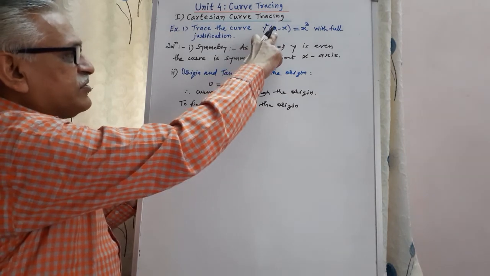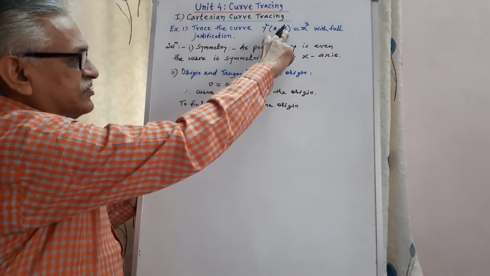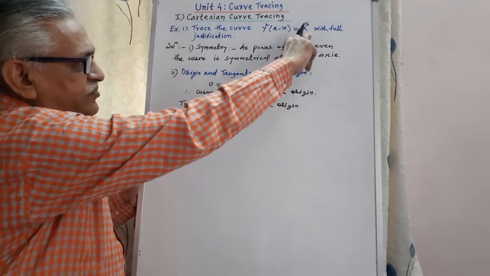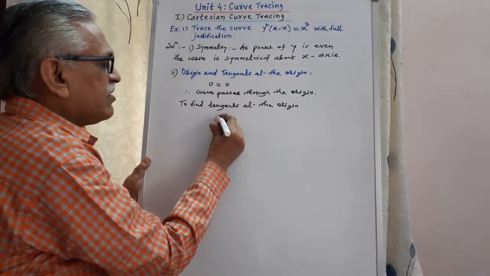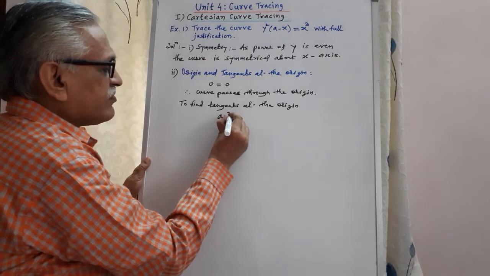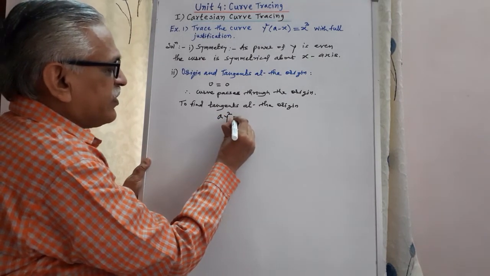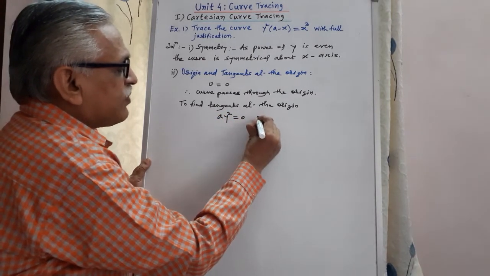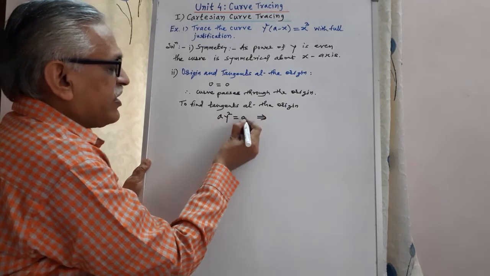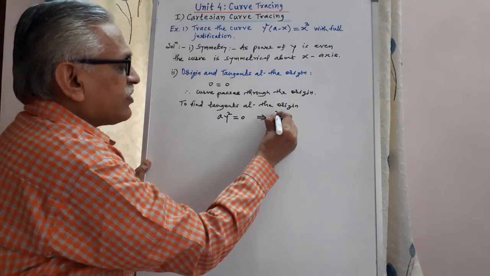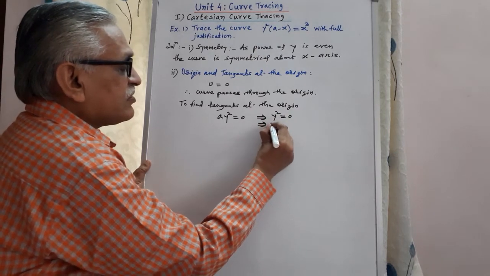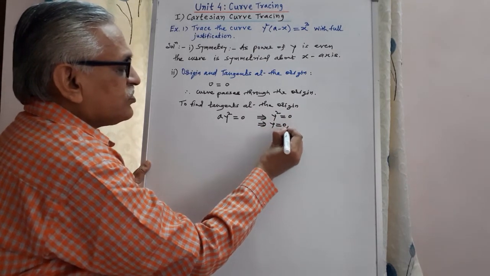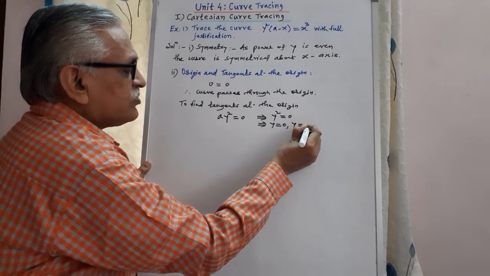The degree of first term is 2, degree of second term is 3, and degree of third term is 3. Therefore, the lowest degree term is a y square, whose degree is 2. Equating it to 0, it implies dividing by a throughout, we get y square is equals to 0. It implies y equals to 0 and y equals to 0.